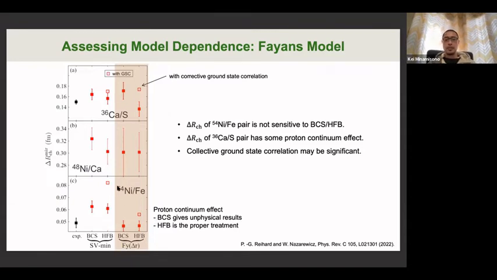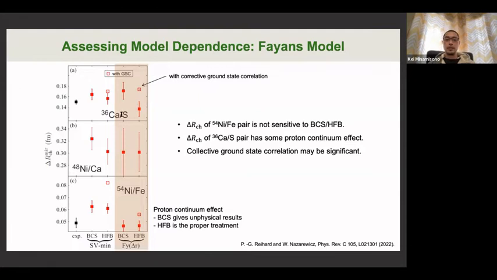Let's look at the result for nickel 54 and iron 54. Both calculations give a similar number, which is consistent with the experimental measurement of the difference of the charge radii. So for this pair, the proton continuum effect doesn't play an important role.